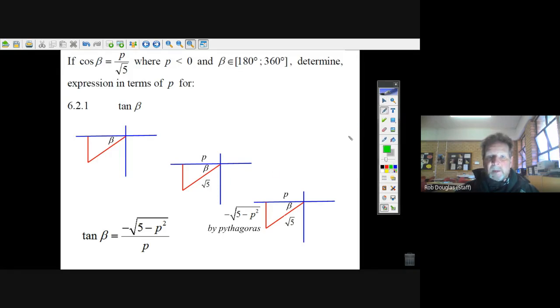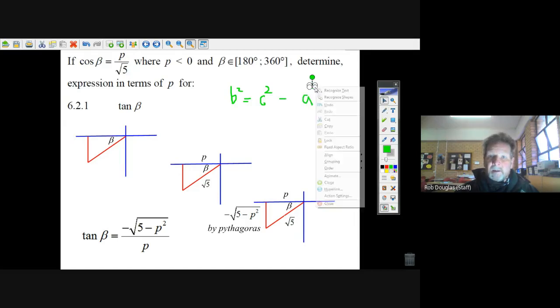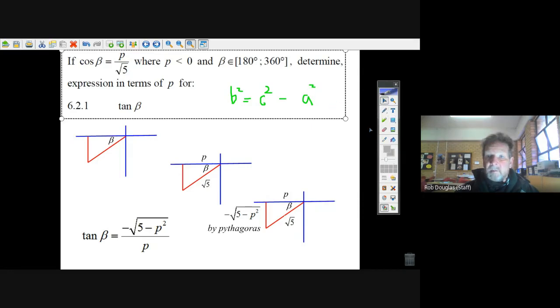So what you do is you use Pythagoras. To find a short side, you square the other two sides, the hypotenuse and the other short side, you subtract, and you take the square root.